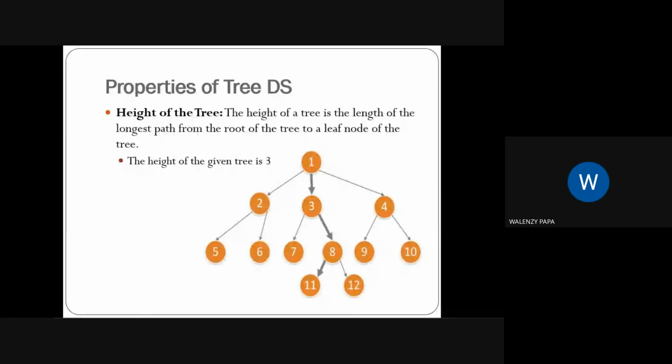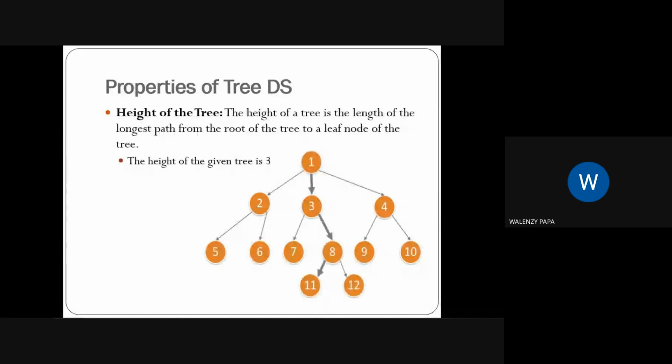Sorry for interrupting. Using this particular diagram, if you are asked to find the height of node 5, do you say 2 or do you say 1?